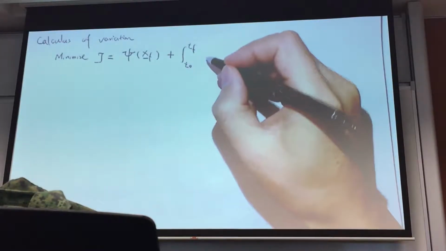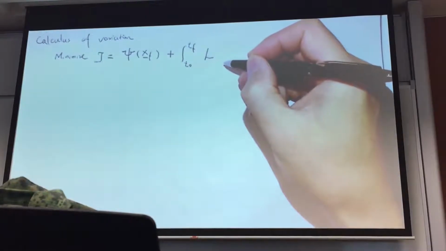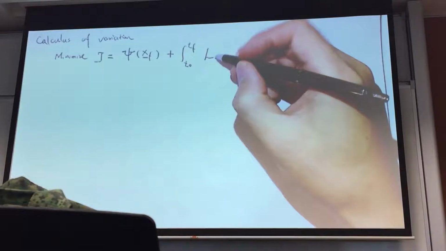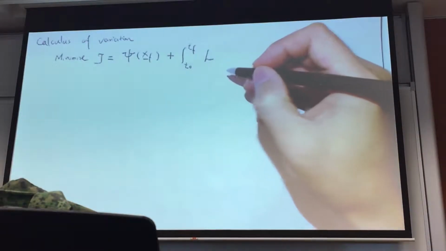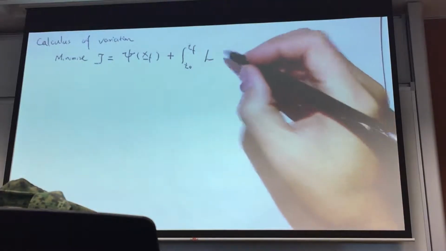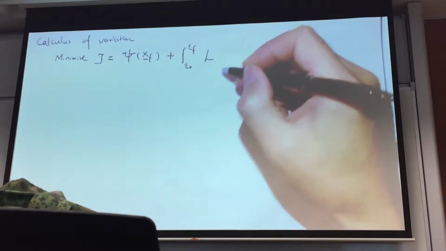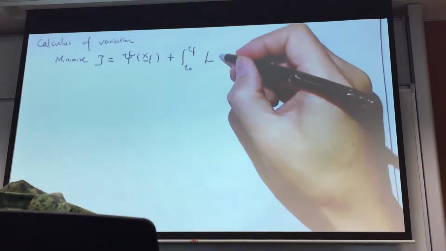This function represents some quantity that you want to optimize, for example the control energy, the distance, the time, whatever quantities you want to take into account in your planning.